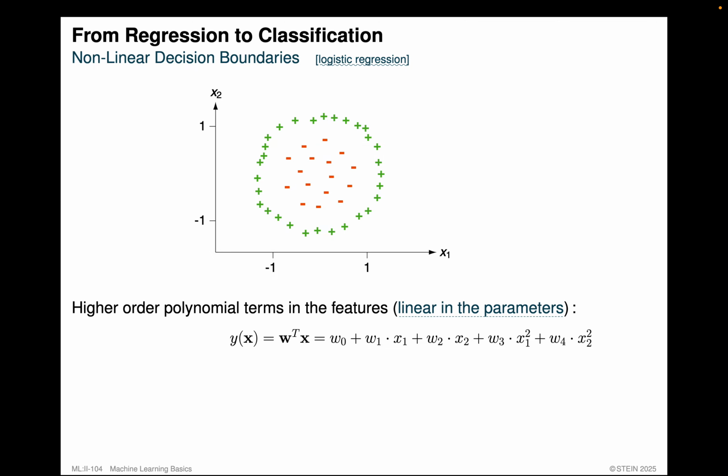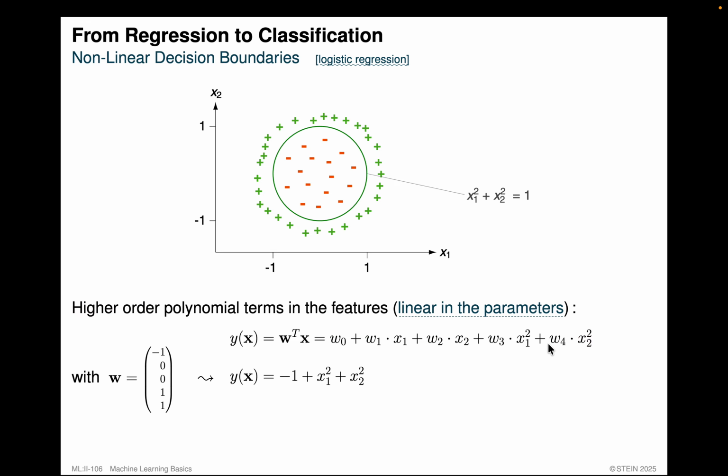For example, if we have this kind of a model function and want to know which parameters separate the minuses from the pluses, so the positive from the negative, we can, again, here, linearity in the parameters, higher order polynomials in the features, find a parameter vector that gives us a circle as a discriminator.